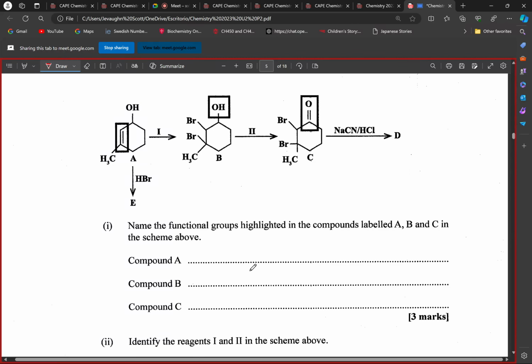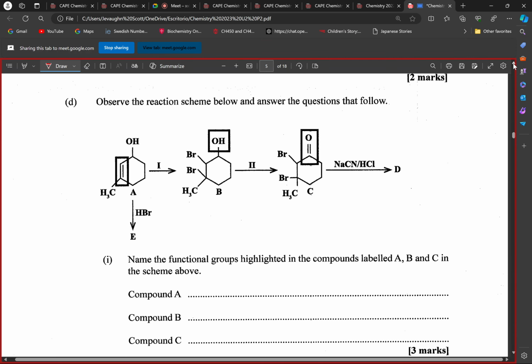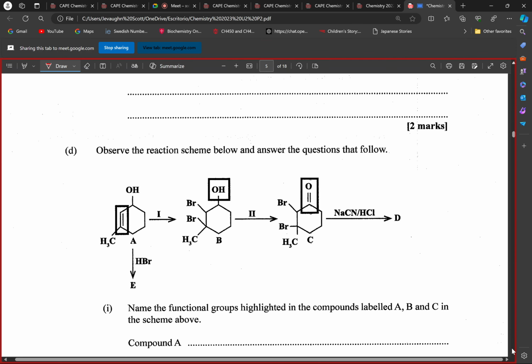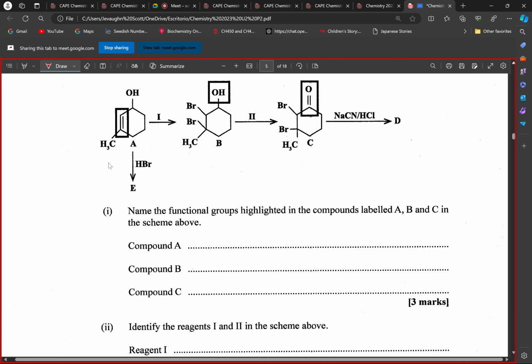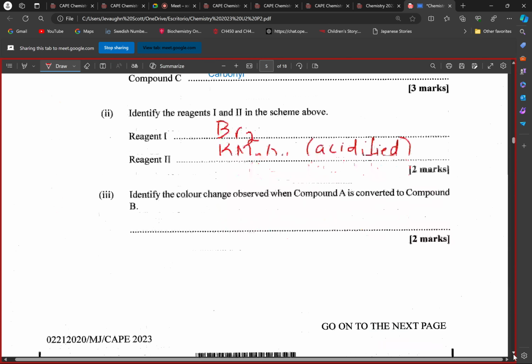Where are the markings gone? I did write on this thing. Why are the markings not here? Oh, there they are. So let me take a picture and then scroll down and we'll do the mechanism.